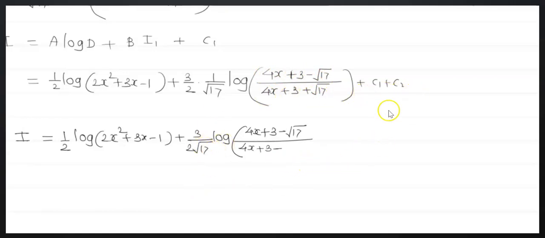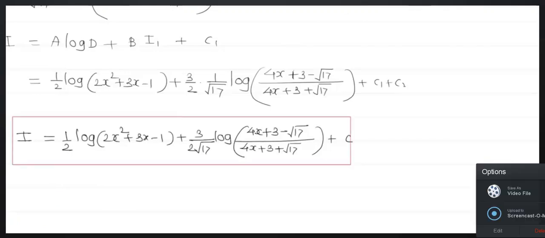And c1 plus c2 is again a c. That is the final answer. Therefore, this is the final answer.